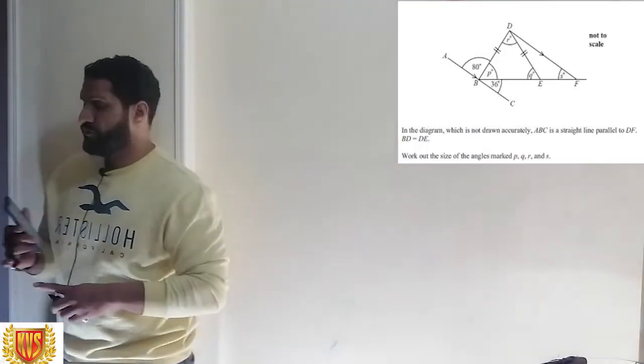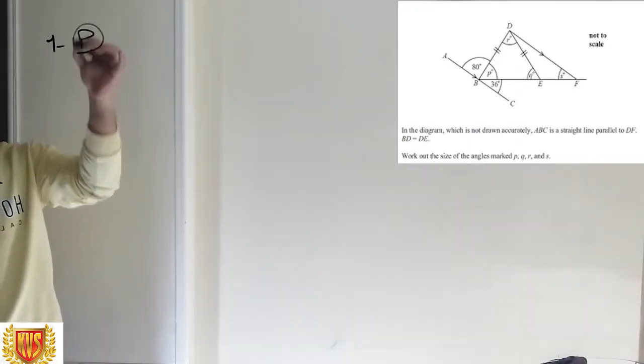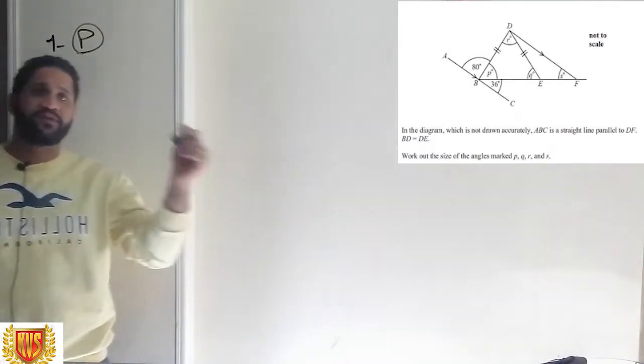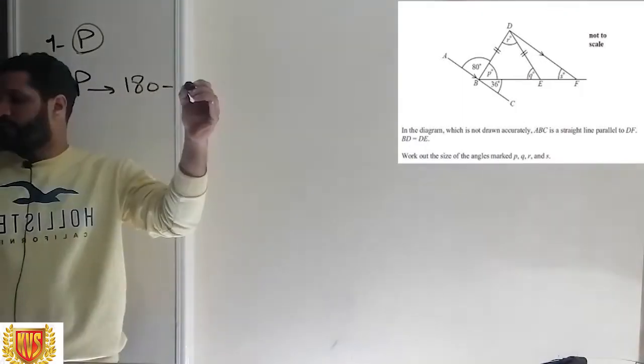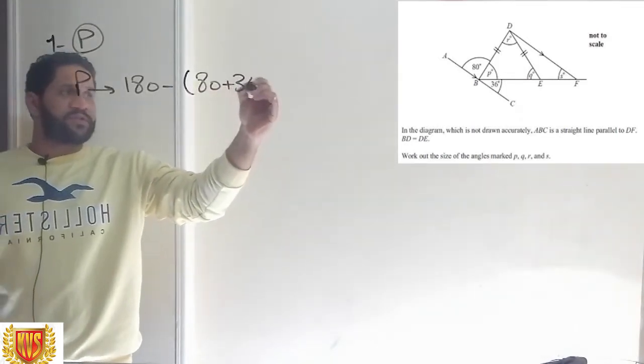Okay, if we look at angle P, I can see that it's sharing 2 angles beside it and on the same straight line. So I can get P by 180 subtracted from 80 plus 36.